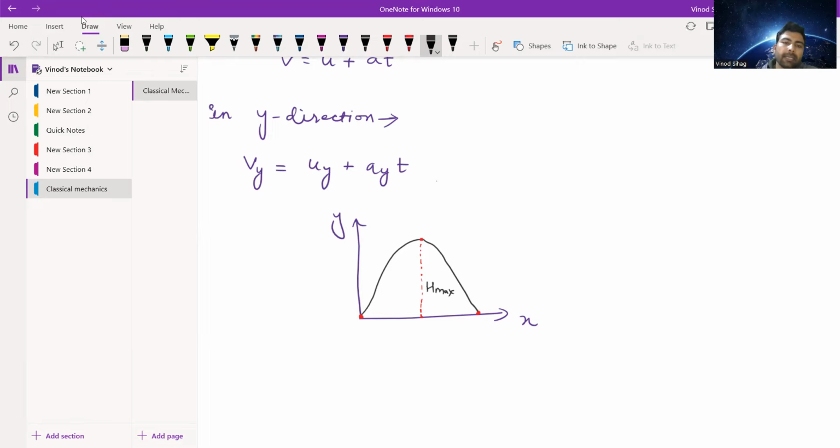The time taken here to reach the maximum height we will denote by small t. And the time taken again from this point, since a similar path is there, will take the same time t.